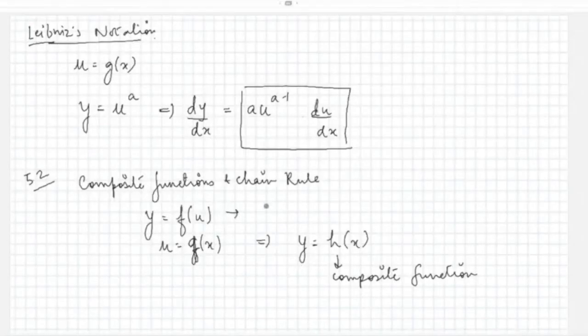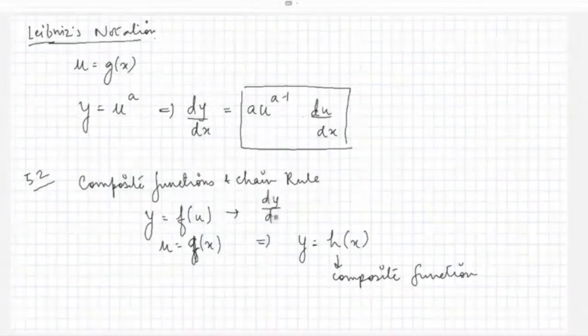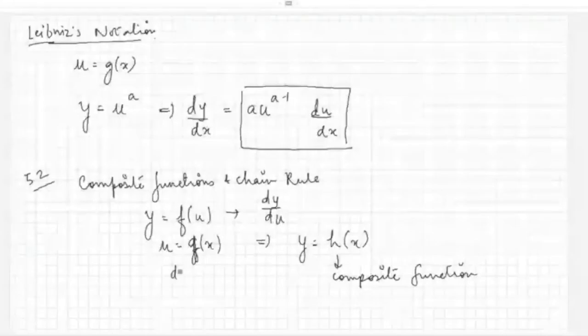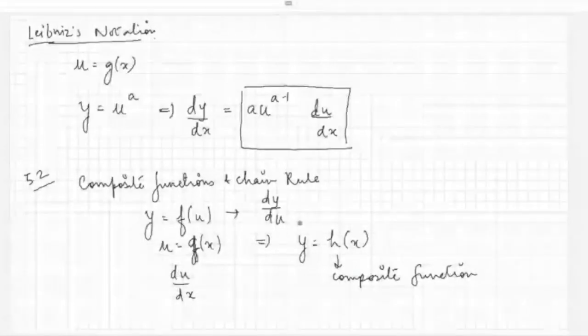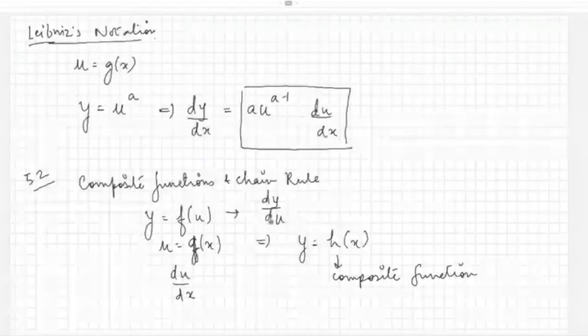So if we know dy by du and du by dx, we basically know that when x changes by a small amount, how much would u change? And we also know कि अगर u change होता है by a small amount, then y में क्या change होगा?